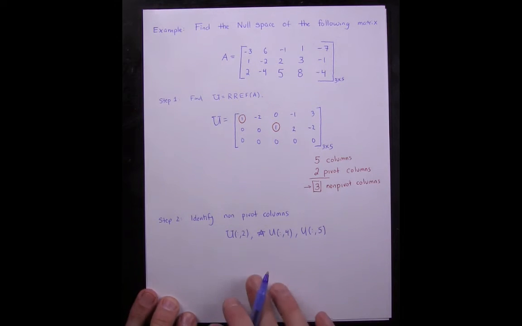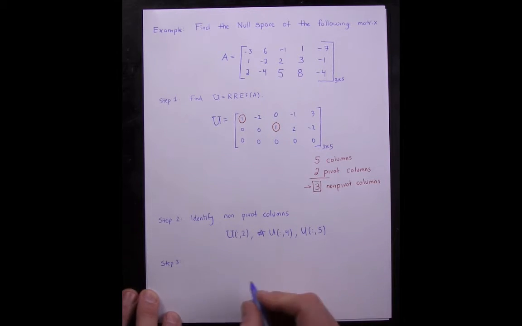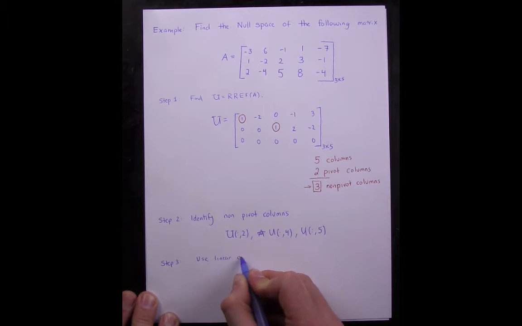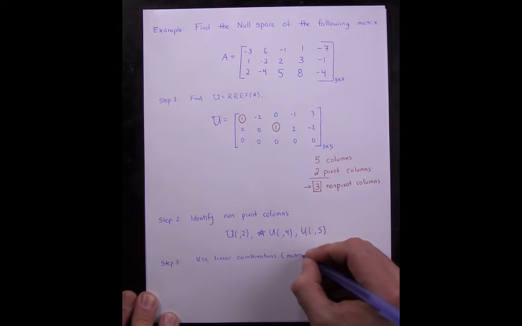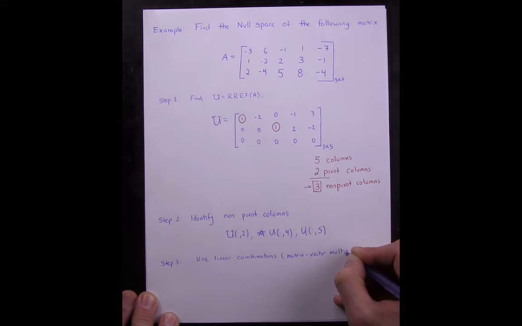Once we've identified our non-pivot columns, what we'd like to do is use linear combinations to produce a zero vector. As we've discussed before, when we mean linear combinations, what we really mean is matrix vector multiplication.